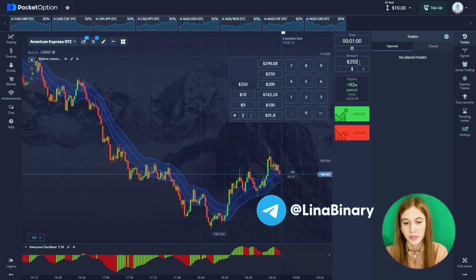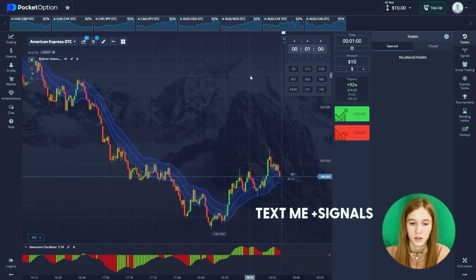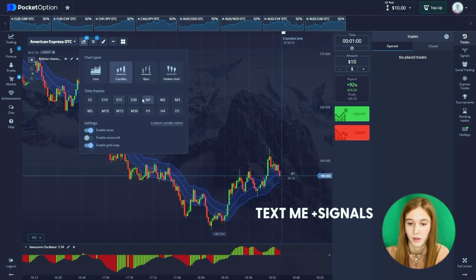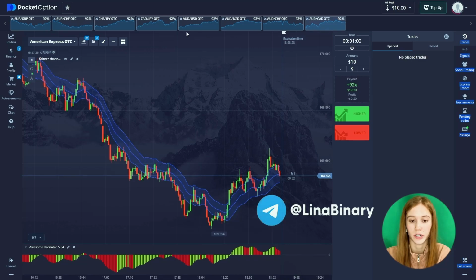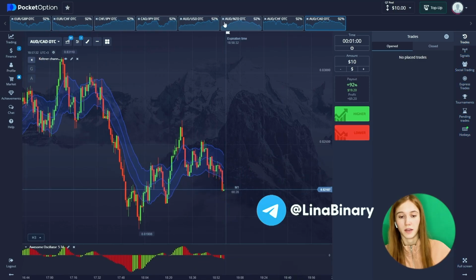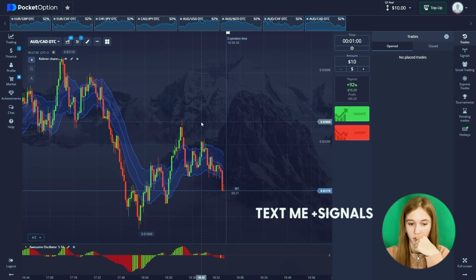So our parameters: the amount is $10, 1 minute deal time, 1 minute time frame. 8 currency pairs for today. Payout percentage is quite high. So let's see.